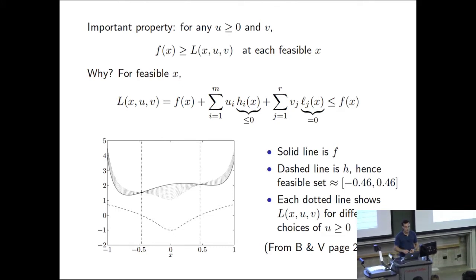Because in this example, we had just one constraint function, so its sign actually flipped moving outside the feasible set. But in general, I could just be violating one of the constraints, and it could be not enough to flip the sign of this. So just another reinforcement that we're really only claiming that if x is feasible, then this inequality holds. There's not another direction there.